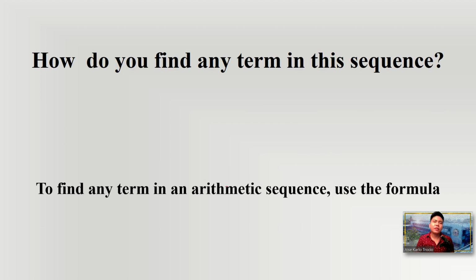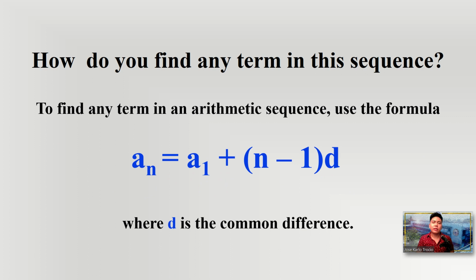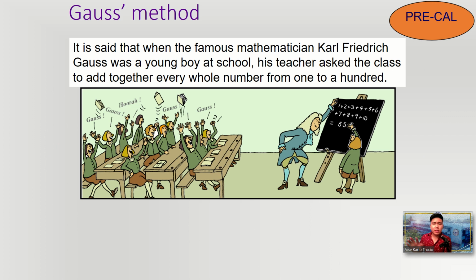How do you find any term in the sequence? Again, just a quick break for a trivia. Okay, so you have Gauss. It is said that when the famous mathematician Carl Friedrich Gauss was a young boy at school, his teacher asked the class to add together every whole number from 1 to 100.